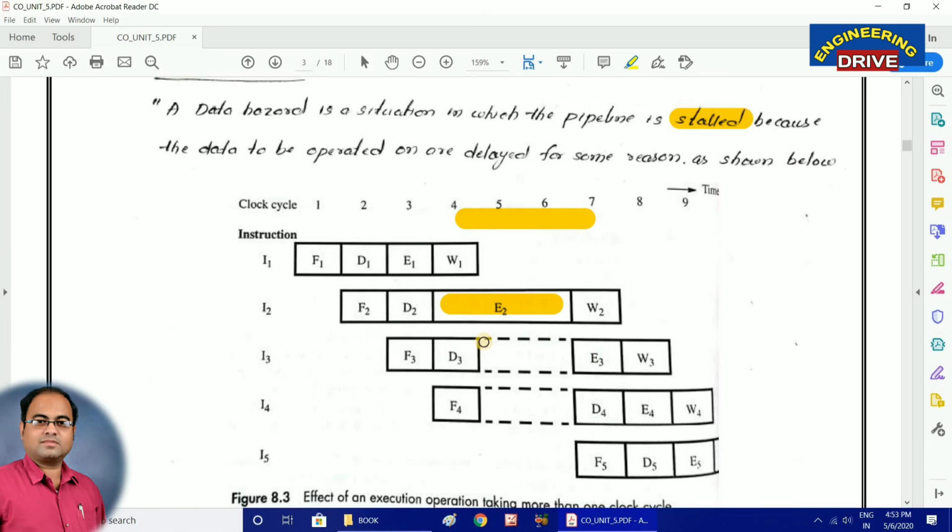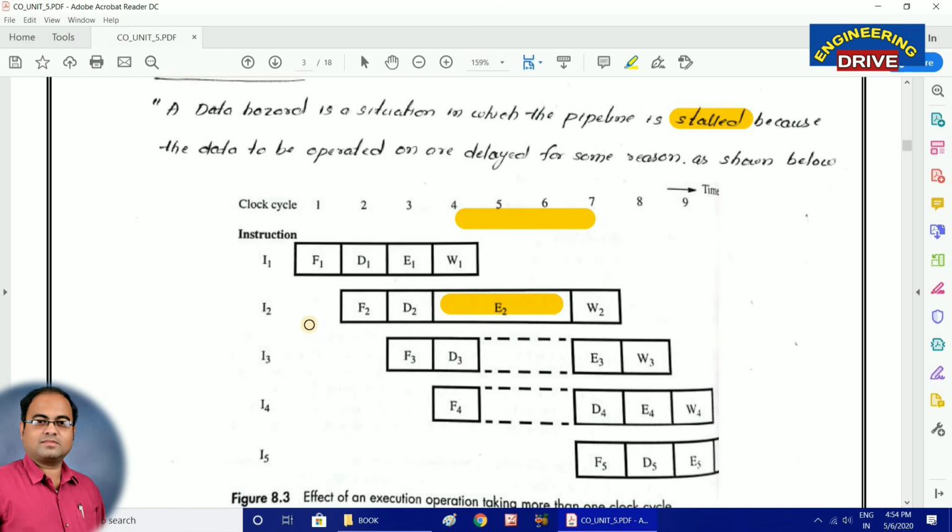Because our step D3 has not completed here. When D3 will complete, when E2 will complete. Similarly, when D4 will complete, when our D3 step is going to be completed. Which means all of you can get one clear idea that the second instruction depends on the first instruction.